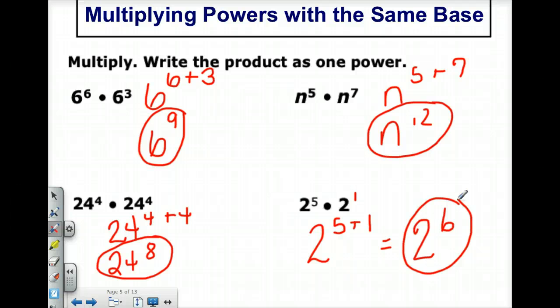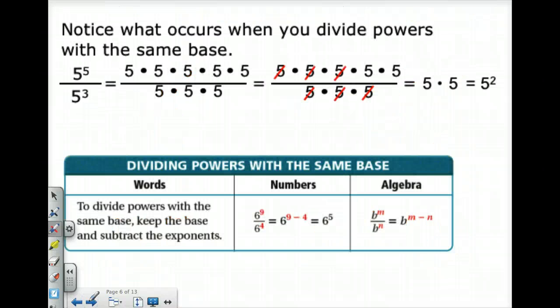Let's take a look at when we divide powers by the same base. So notice we have this problem, 5 to the 5th power divided by 5 to the 3rd power. In the numerator, all I've done is I've broken down that 5 to the 5th power into 5 times 5 times 5 times 5 times 5.